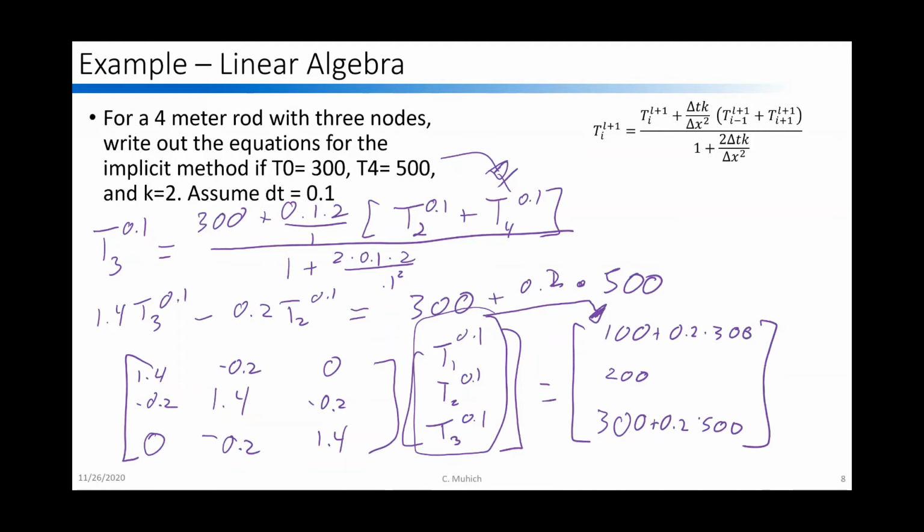So this 100, 200, and 300 will be substituted by this T1, T2, and T3 when I go ahead to look at time 0.2. Okay, so we can just update this piece by piece.